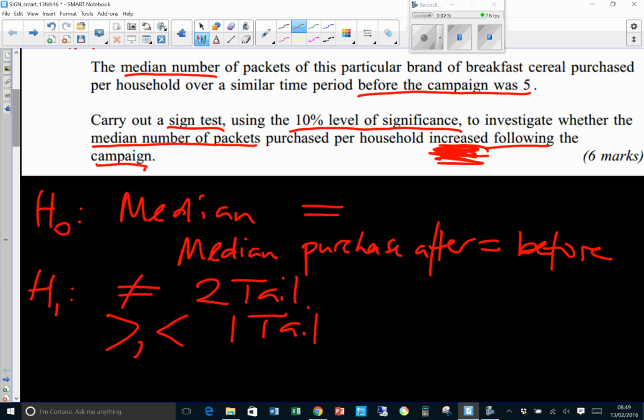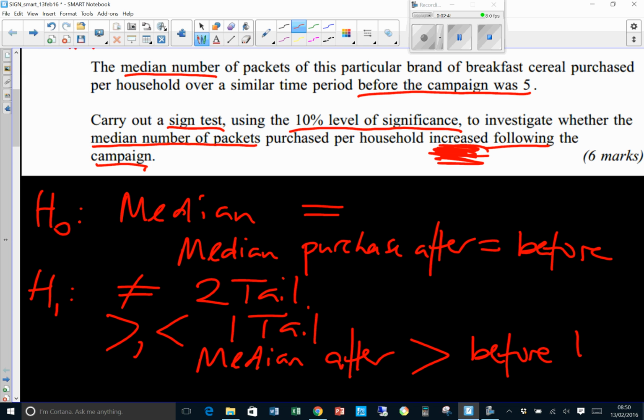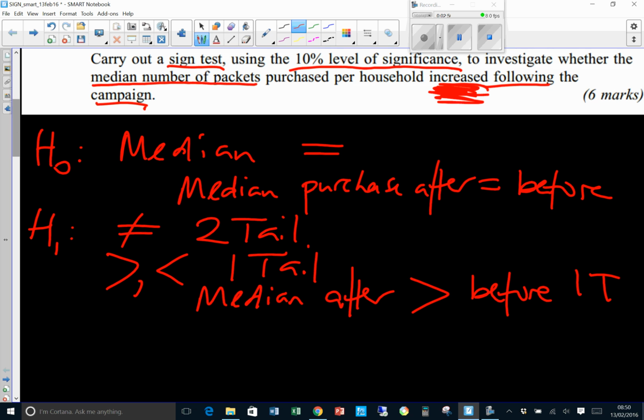So our test is going to be that the median purchase after the campaign is greater than that before. So we're on a 1-tail test. Okay, so that's got us to our hypotheses.